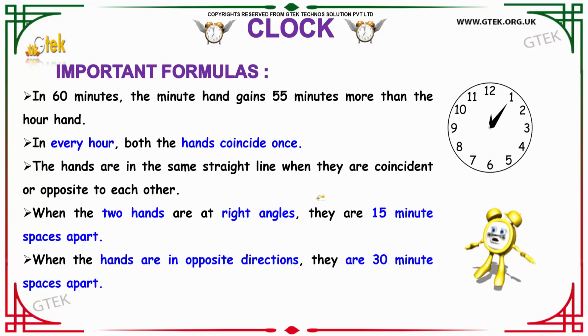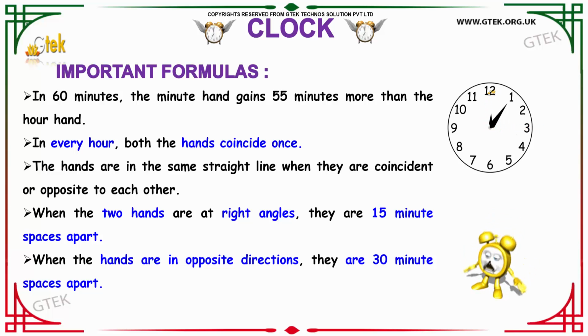The hands are in a straight line when they coincide, or when they are opposite to each other. When the two hands are at right angles, they are 15 minute spaces apart.